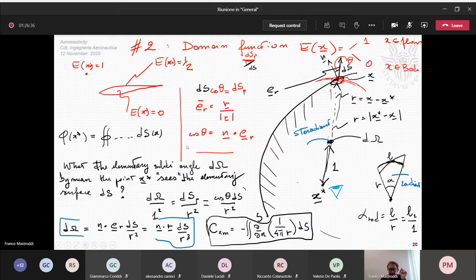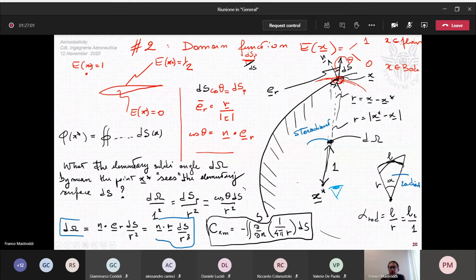This d omega is related to the normal to the surface, the unit vector, and the vector defined as the difference between the x point and the x star point, x minus x star, excuse me.